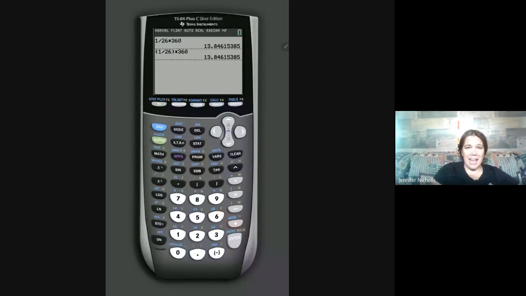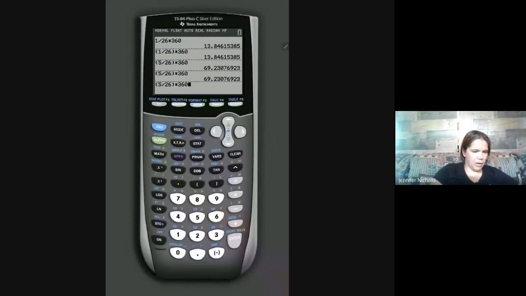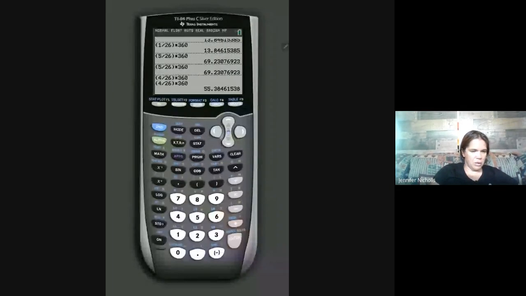That's going to give me the angle. What's the next one? The next one is 5 over 26. On this calculator, I don't have to type it again, I can just change the number. That's a cool calculator to have too. Okay, this is 4 over 26. Let me write all those down. I'm going to take a picture of that and then write that down on the other paper.